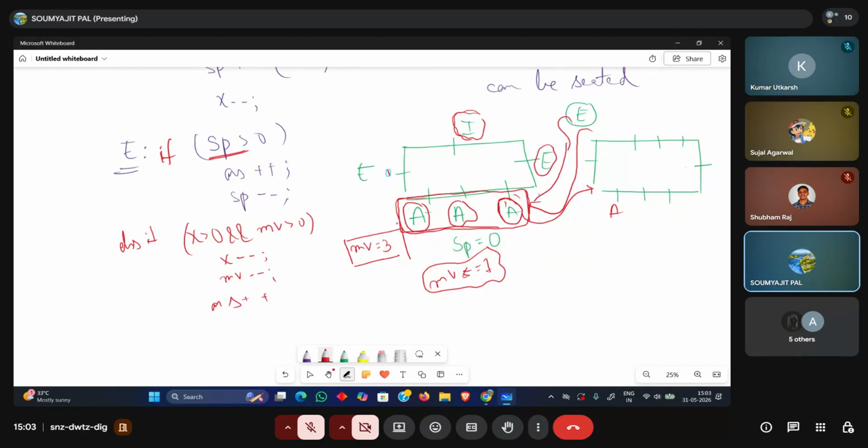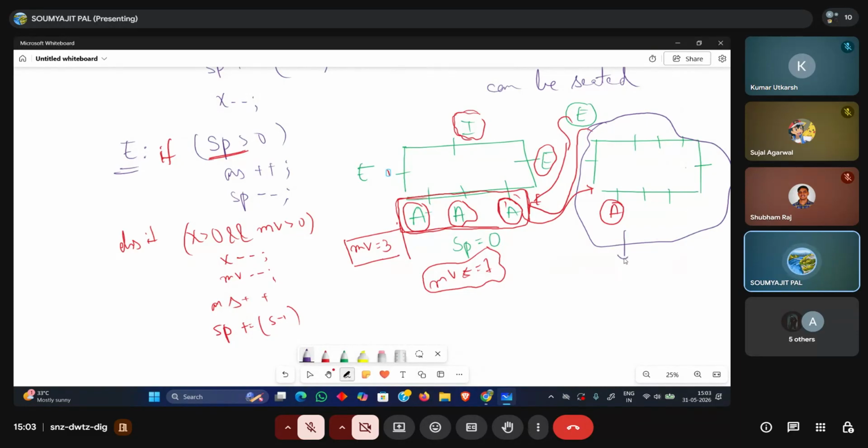Now another thing is that since A has occupied this position, don't you think my SP, seats in an occupied table, has increased by S minus 1? I'm talking about this table. Since a new person is seated, all the seats are treated as seats in an occupied table.